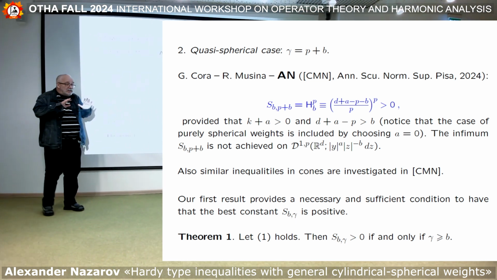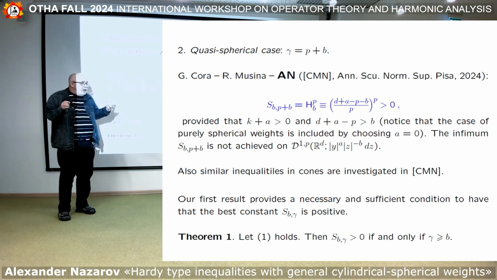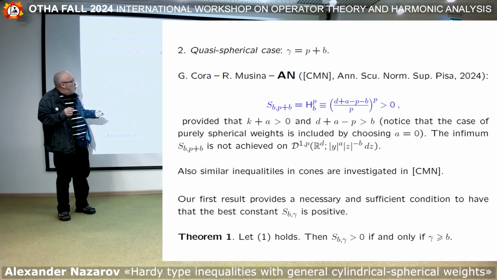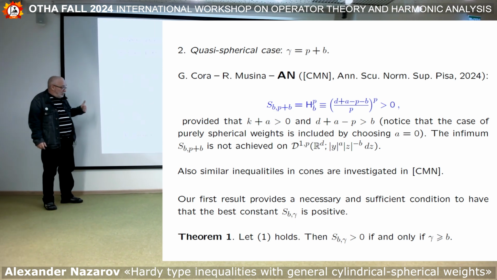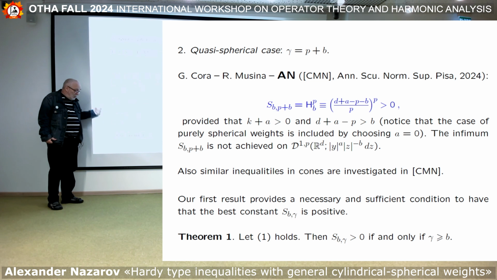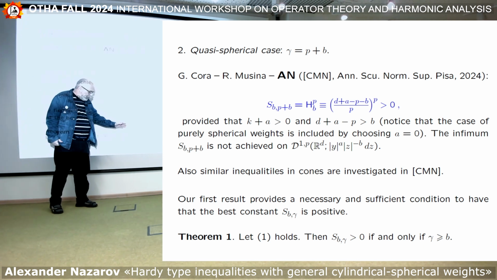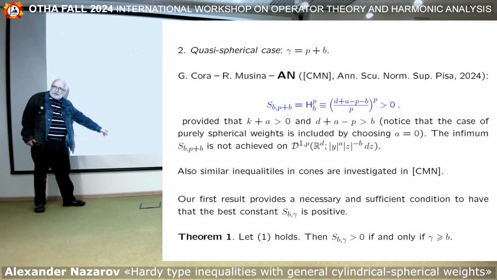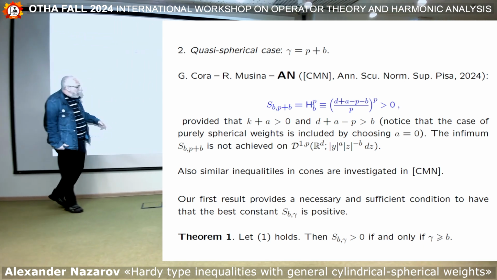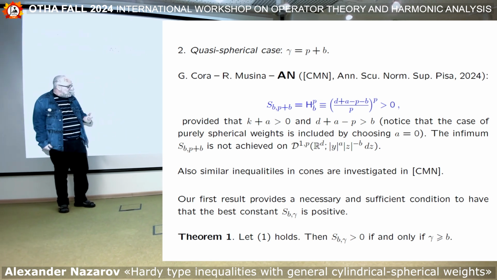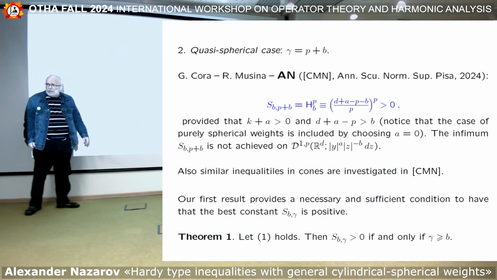Now we consider a general case, so all possible admissible values of parameters a, b, gamma. First of all, it turns out that the sharp constant, under the necessary conditions, one of which is just local summability of all weights, is strictly positive if and only if gamma is greater or equal than b.